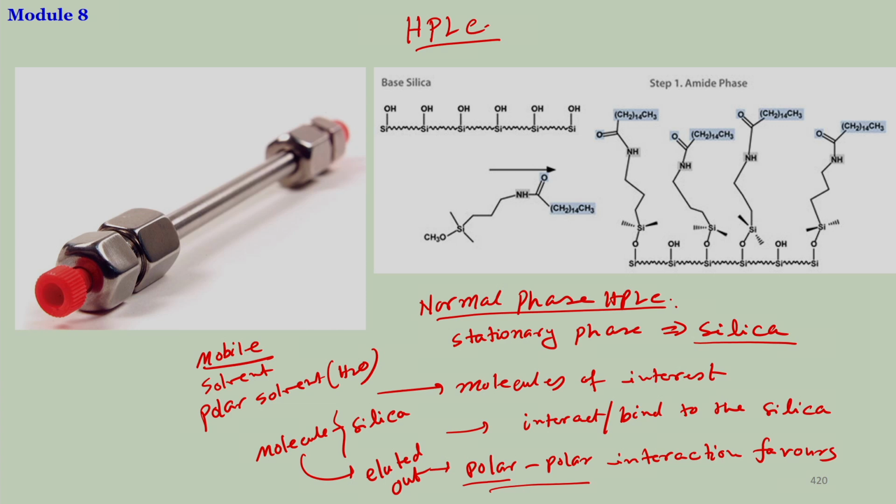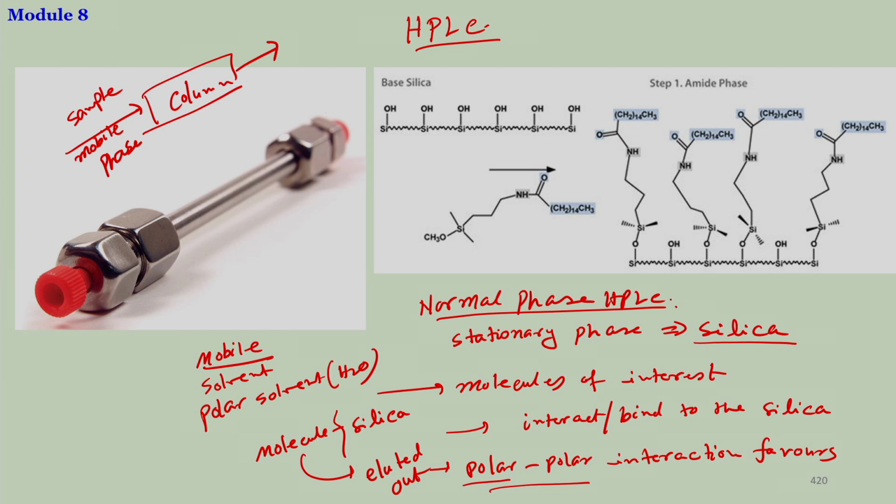So, you have a column, you are injecting your sample, you are injecting mobile phase, and your molecules are coming out of the column according to their interactions at different time intervals.